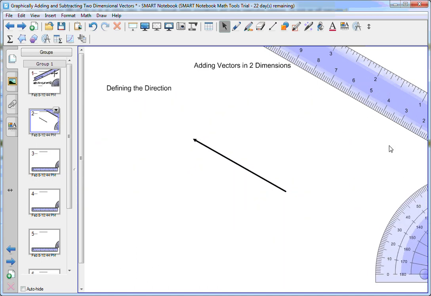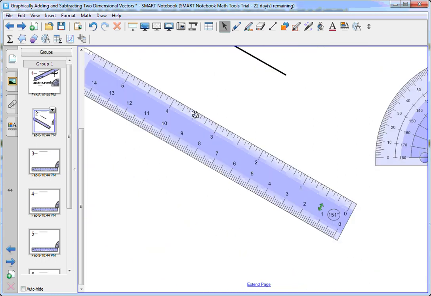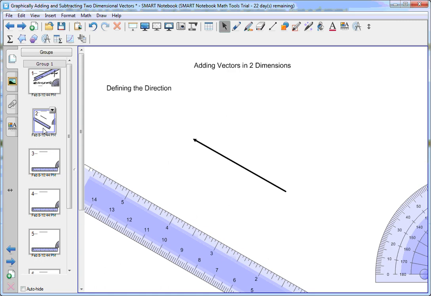Oh wait, sorry, first we need to define our direction. I'm going to go up here and just write 5.3, just so I don't forget. We need to define our directions now.